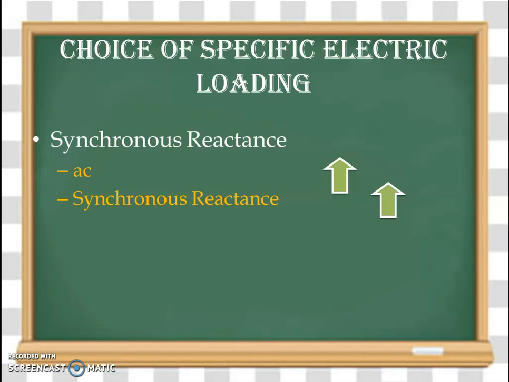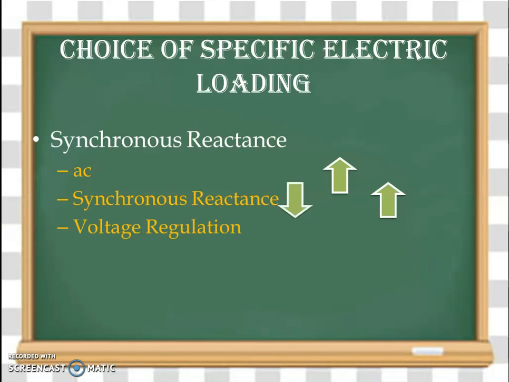We know that power generated, or synchronizing power, is inversely proportional to the synchronous reactance. At the same time, if reactance is increased, then the voltage drop will also increase and our voltage regulation will be poor.